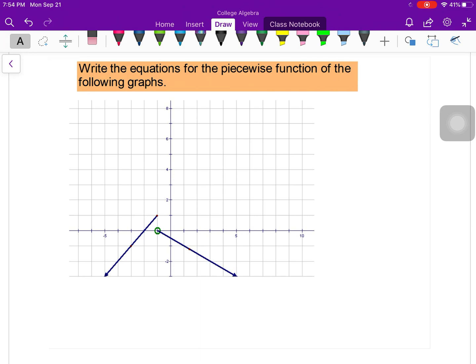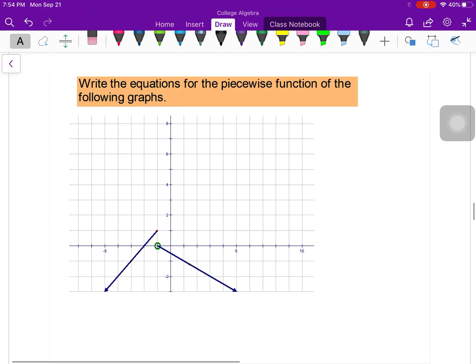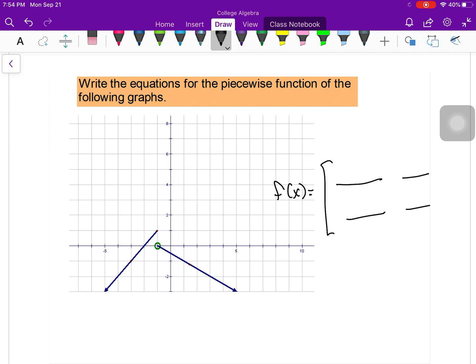Now, if I give you the graph, can you go the other way and say the equation? I see two pieces, so I know it's piecewise. So I'm going to write f of x equals, and I'm going to create my two pieces. Back here is always the domain. So I'm going to start with this red closed circle.